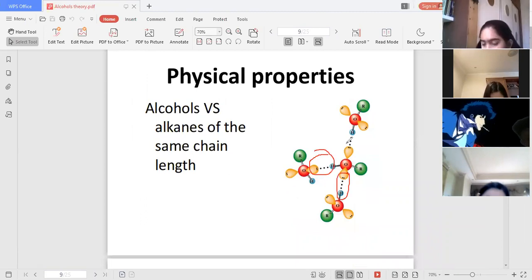This is how to draw hydrogen bonding in an alcohol molecule or alcohol with water. This is the hydrogen bonding in water with an alcohol molecule. Why is it alcohol? Because here it is written R group. So what makes them dissolve is the hydrogen bonding, not the alkyl chains.